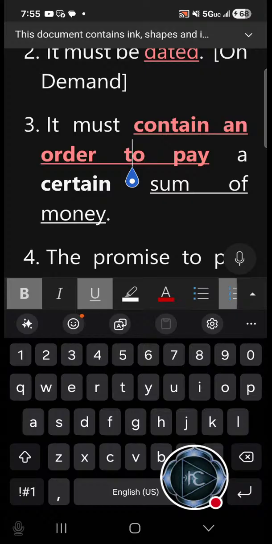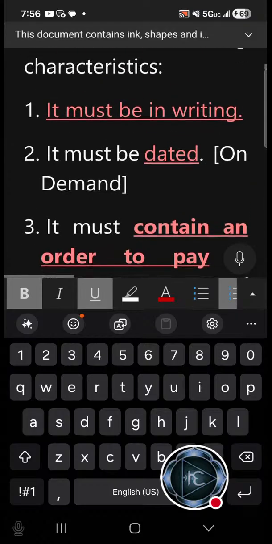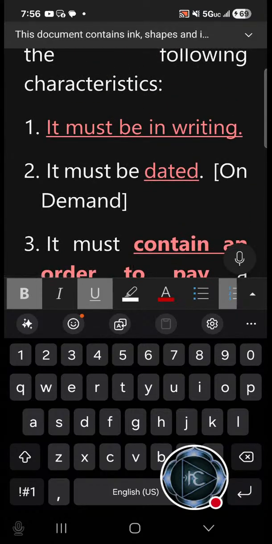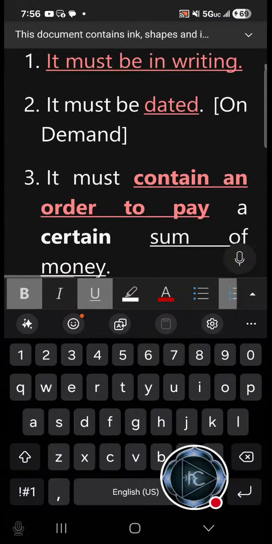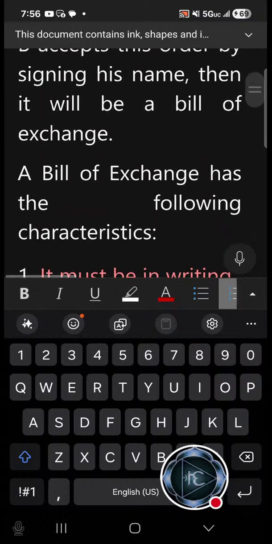So if you receive a bill or document ordering you to pay, and it has more than one number on that document, that is not a legal order to pay.